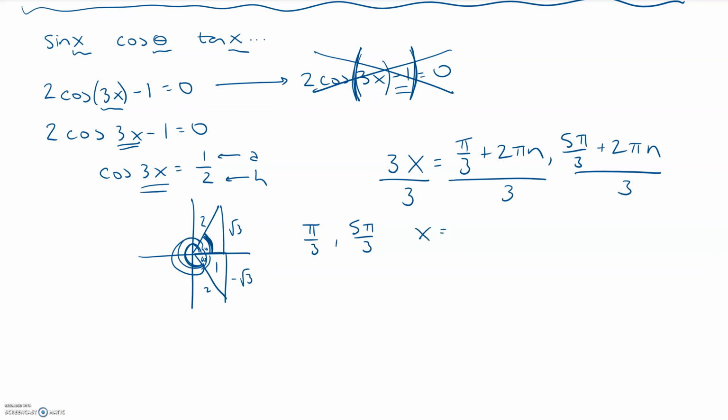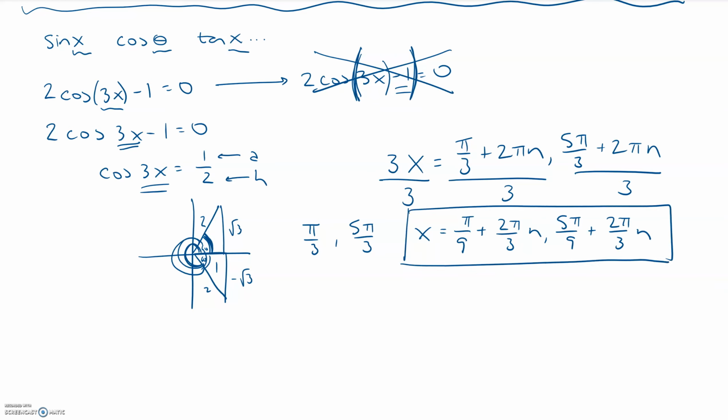And that's going to give us x equals pi over 9 plus 2 pi over 3 n and 5 pi over 9 plus 2 pi over 3 n. And there it is. You treat these problems the exact same all the way until the very, very end, and only at the very, very end do you then deal with the fact that it's a fancy argument.